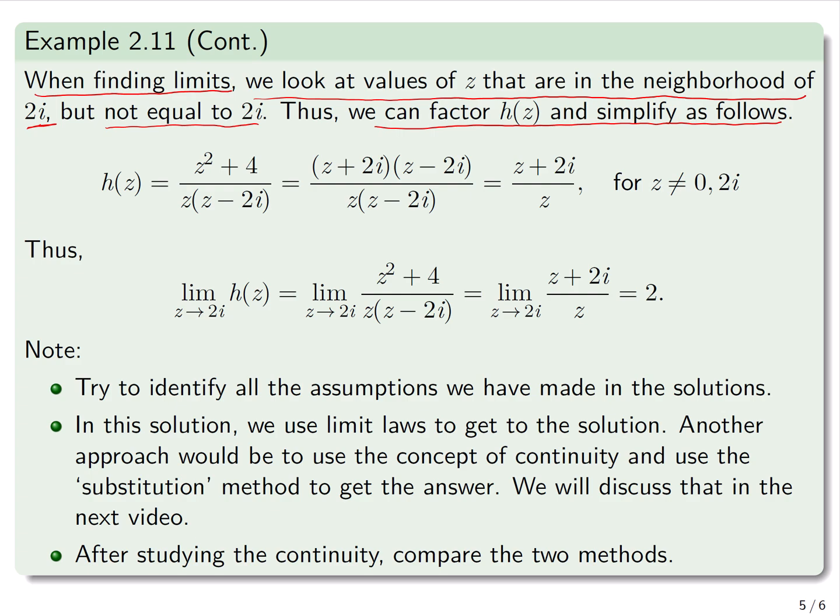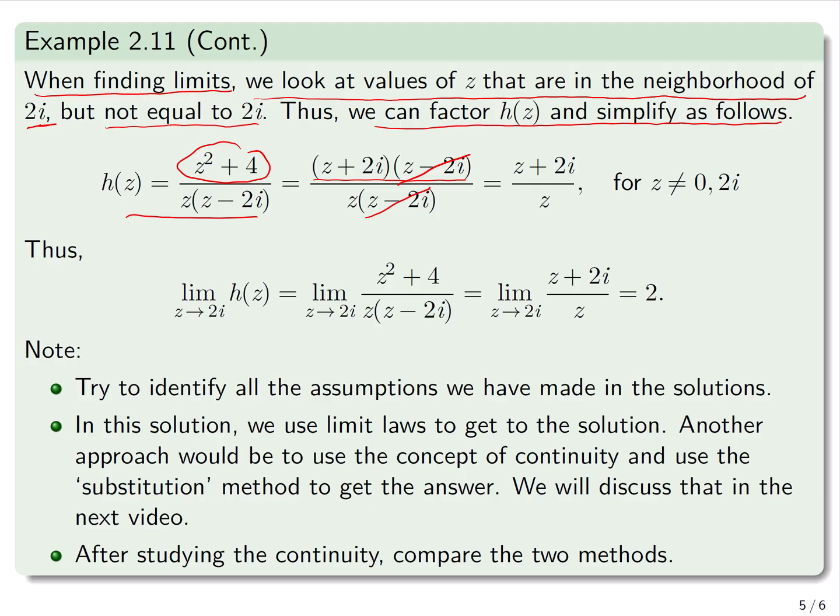Using the difference of squares formula, we factor this into two factors, and the bottom only has one. Then something interesting happens: you can see this special factor gets cancelled out.